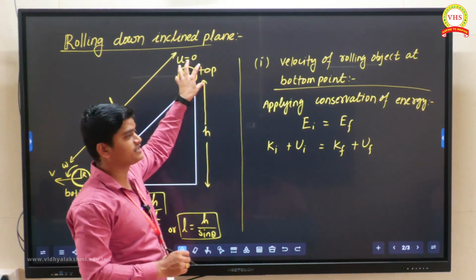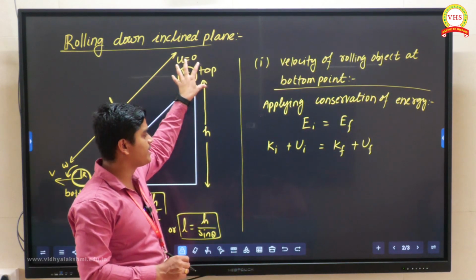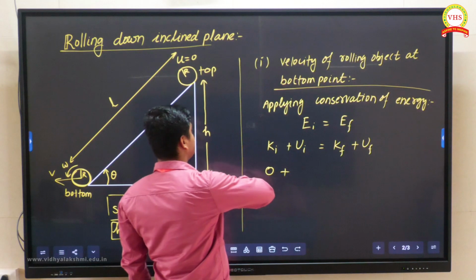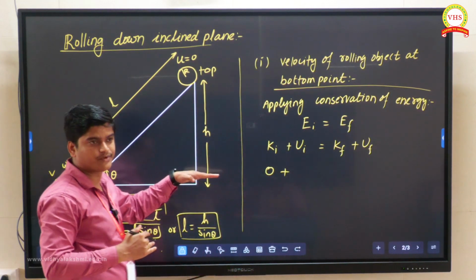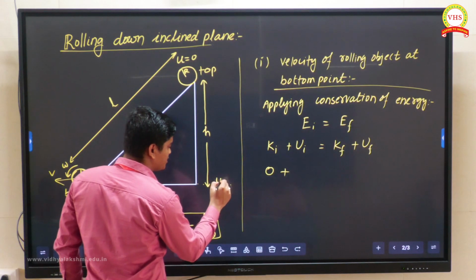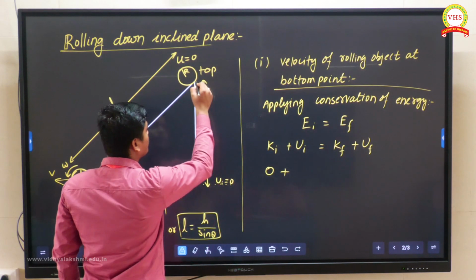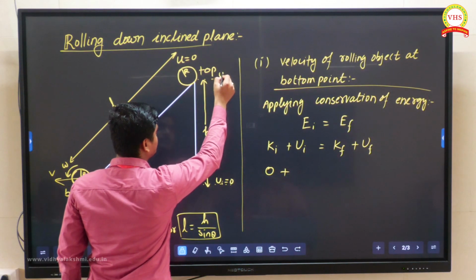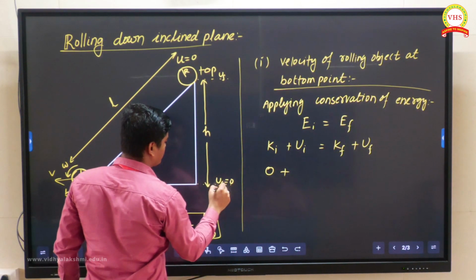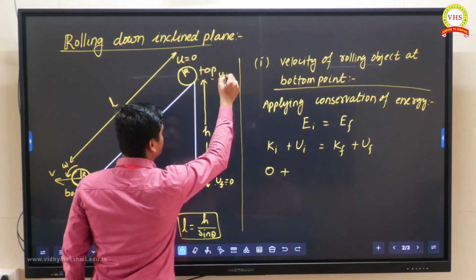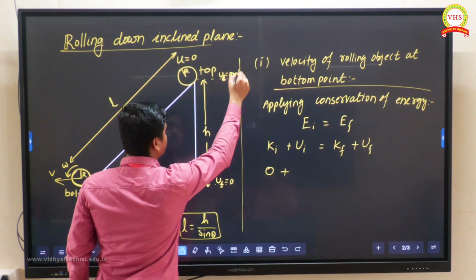I told you the object is at rest initially at a height h, so it will have zero kinetic energy. Consider this the reference level, where potential energy is 0. But at the top point, this is the initial, so it is mgh.